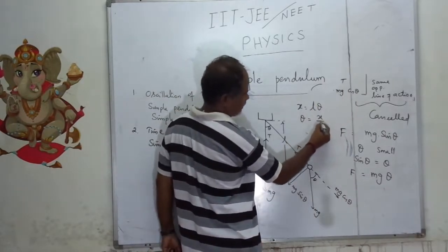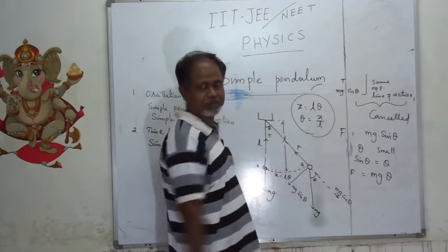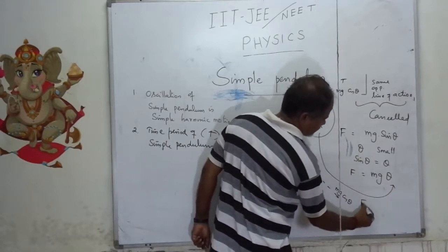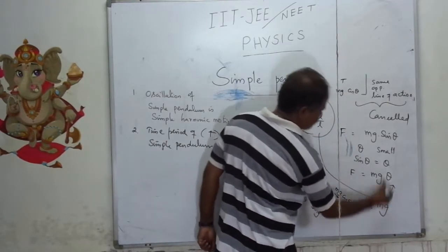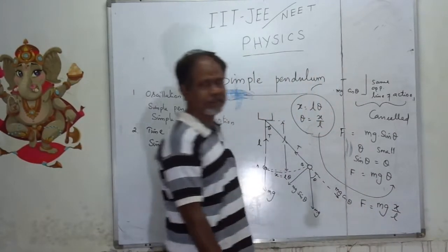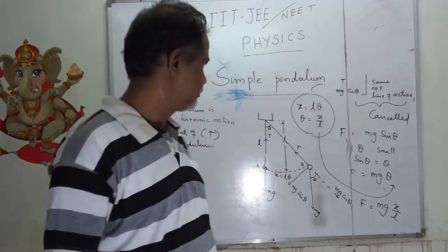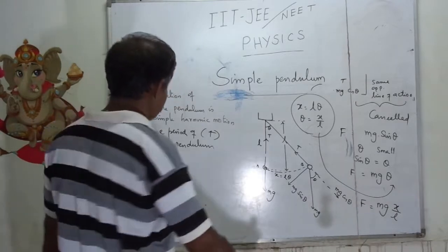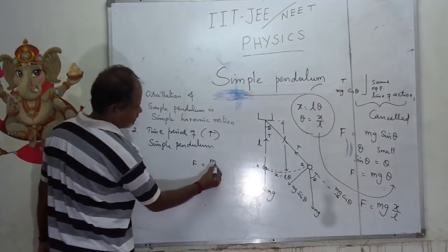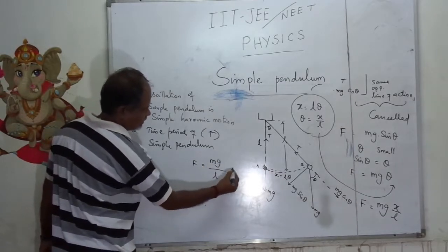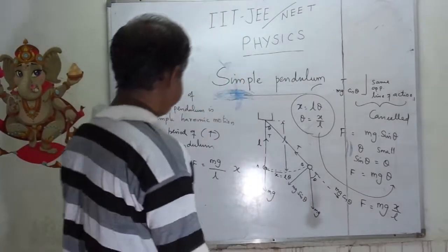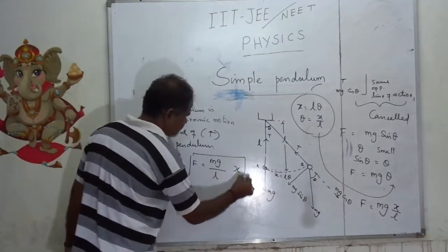Substitute this value here. Then F is equal to mg times x by L. Here we derived it in this particular format.